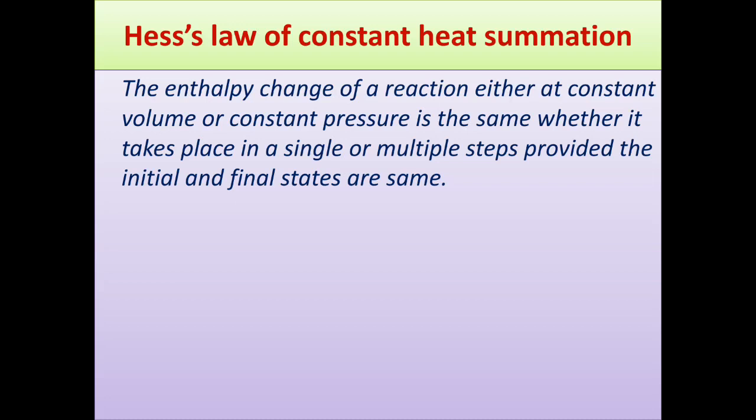The enthalpy change, that is del H for the chemical reaction, is same whether it takes place in single step or multiple steps. Consider a chemical reaction A gives B whose enthalpy change is delta HR. So this reaction takes place in single step.